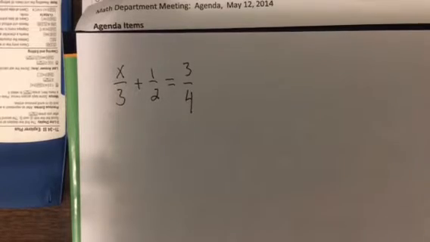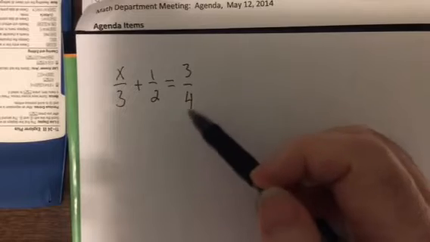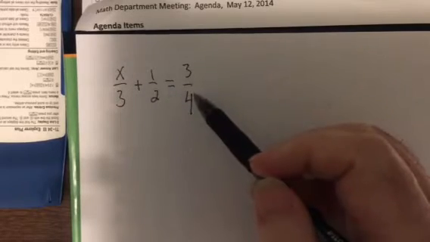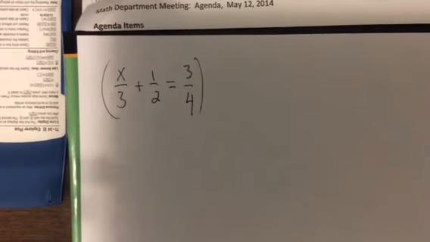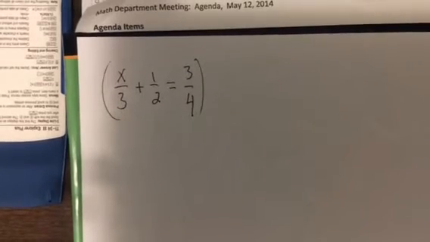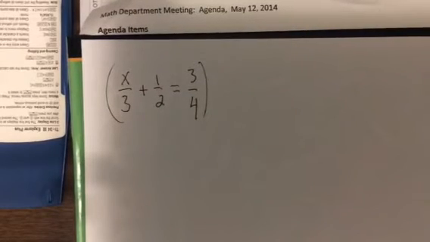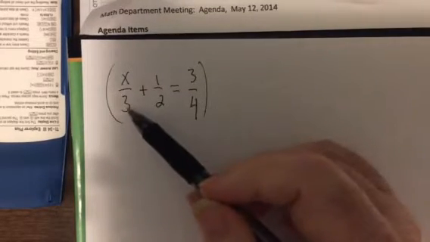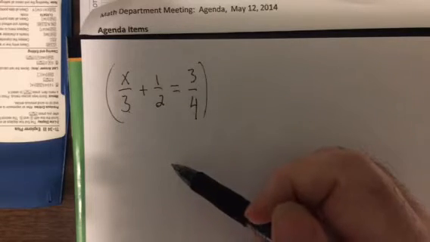But if you have an equation, you can multiply both sides by whatever you want as long as you do it to both sides. So why not multiply both sides by the LCD, lowest common denominator, to get rid of the denominator? So what number does 3, 2, and 4 all divide into nicely?